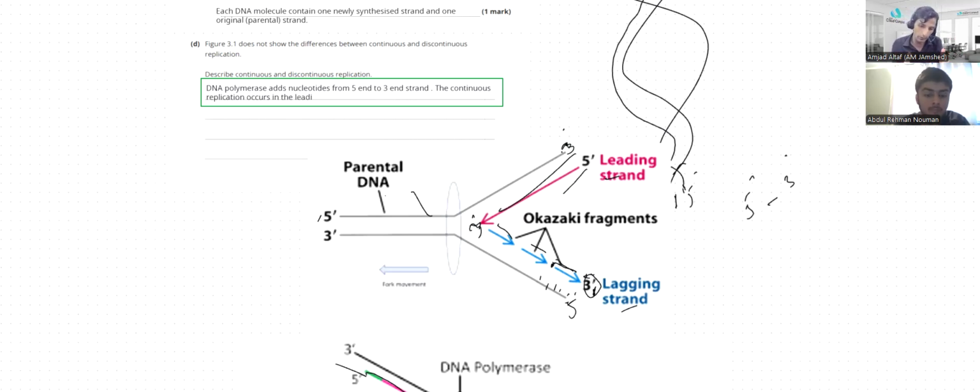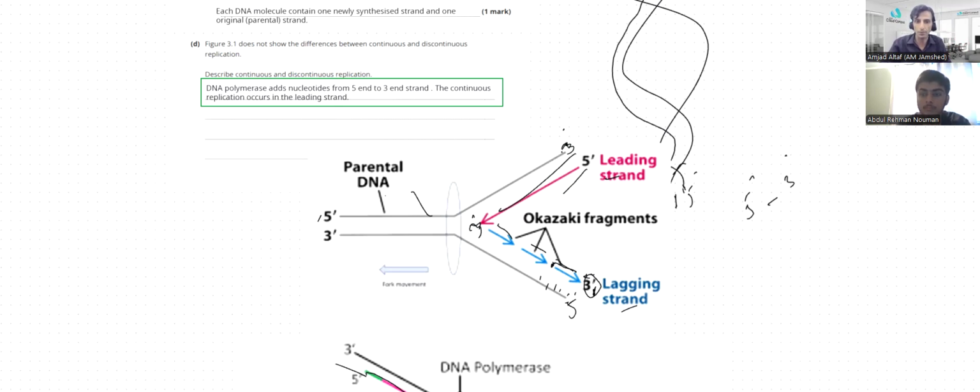The strand is unbound, so DNA polymerase is following the same direction. There is no difference there. However, discontinuous replication occurs on the lagging strand, where DNA polymerase adds nucleotides in the opposite direction to the replication fork. That's the difference.